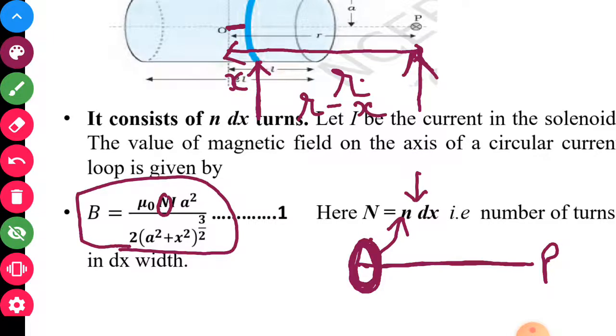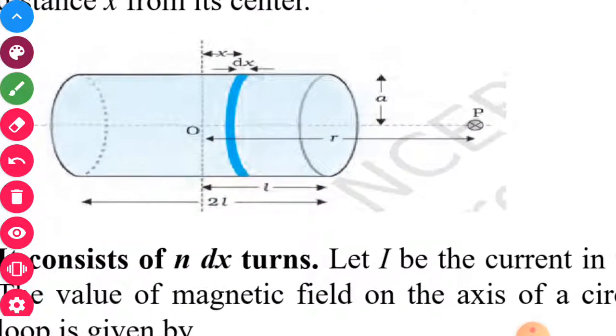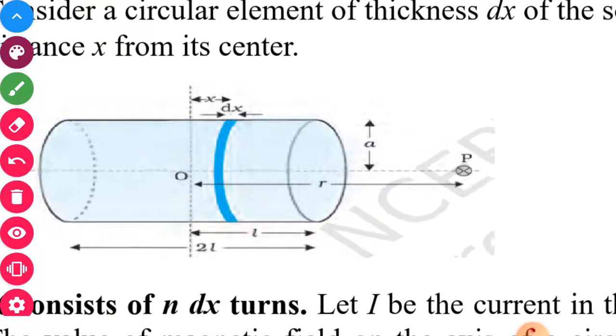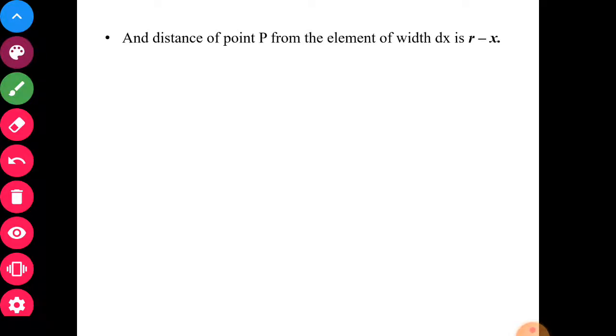Try to understand the figure. From this figure, if you have a close look, this total distance is r, and this much distance is x. So this distance will be r minus x. That is explained here.